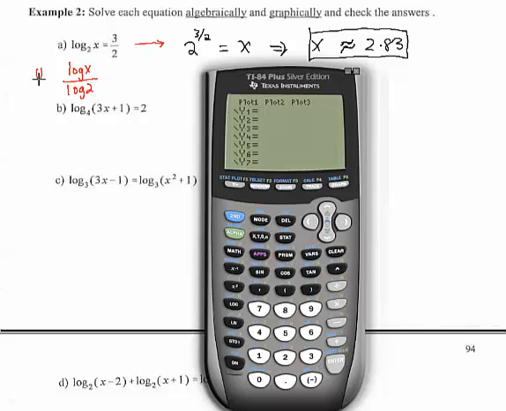This would be y1, and then y2 would simply be the right hand side of the equation, 3/2, and we merely want to look for the intersection of these two entries in the y editor. So log of x, close the parentheses, and then divide by log of 2, close parentheses, enter, and then 3/2 on the second line, graph.